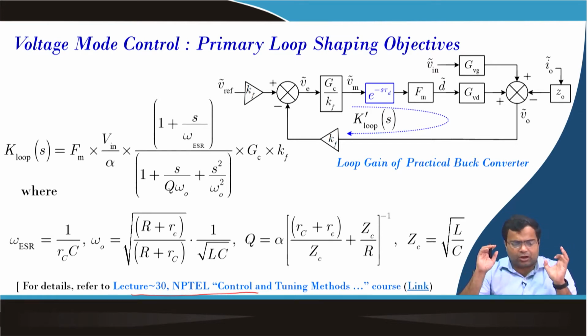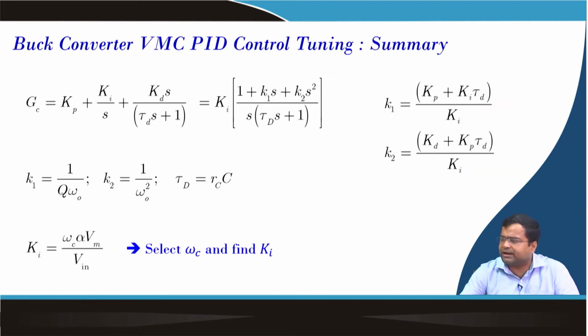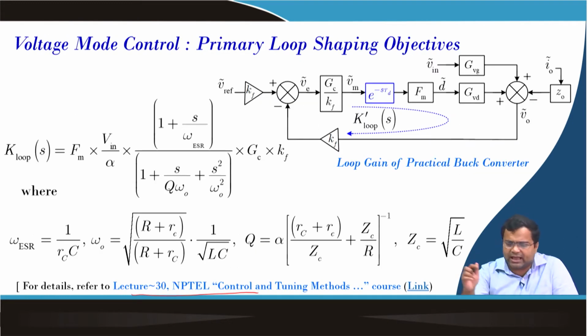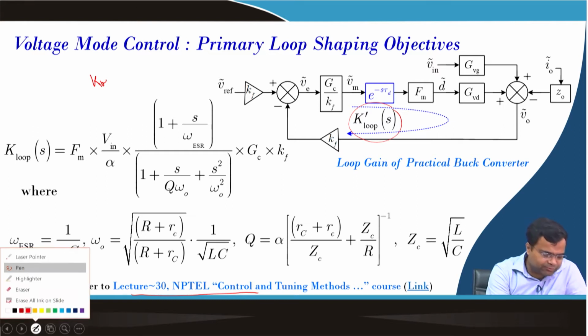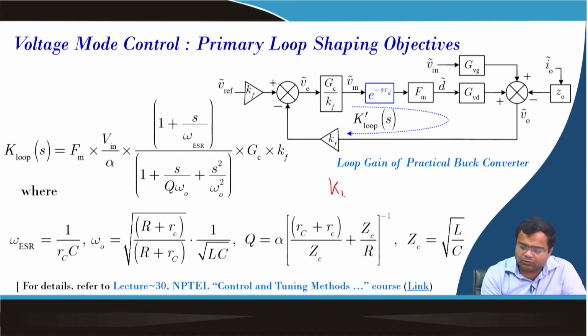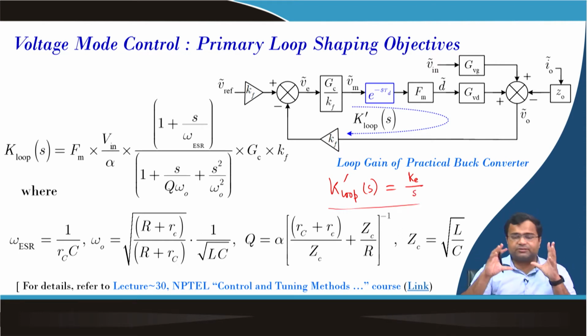But when you talk about the closed loop output impedance, that means here we are shaping the loop transfer function to get our objective, which was to get this thing to be some effective gain divided by s. That means, we want to get a first order loop transfer function, and we are shaping the loop.